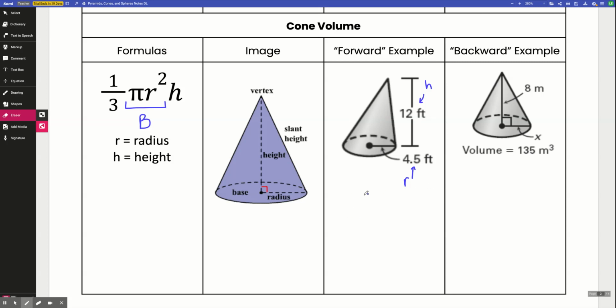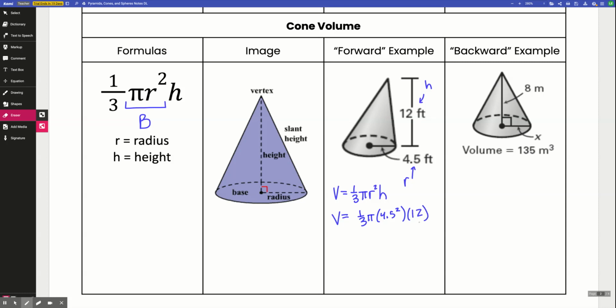So I'm going to go ahead and plug that information into my formula. So my formula is the volume equals 1/3 pi r squared h, right? And I'm going to plug in the information that I know. So volume equals 1/3 pi, and then my radius was 4.5, so 4.5 squared times my height, which is 12.